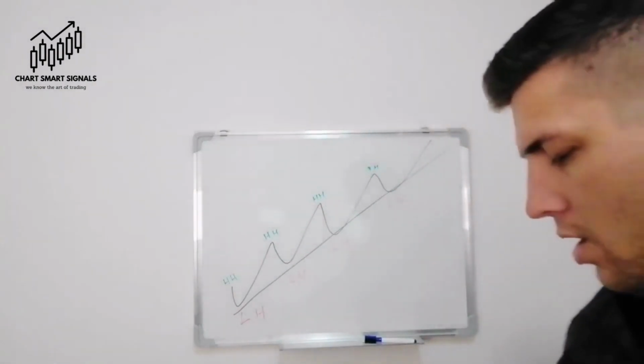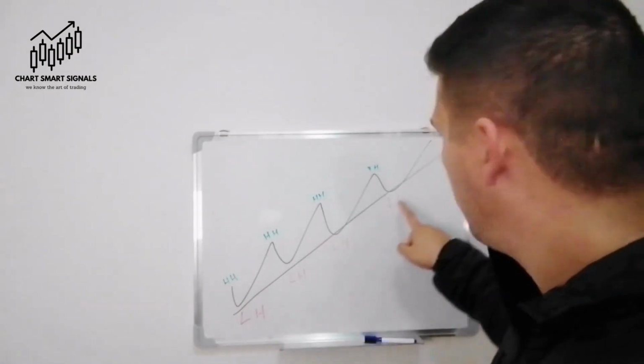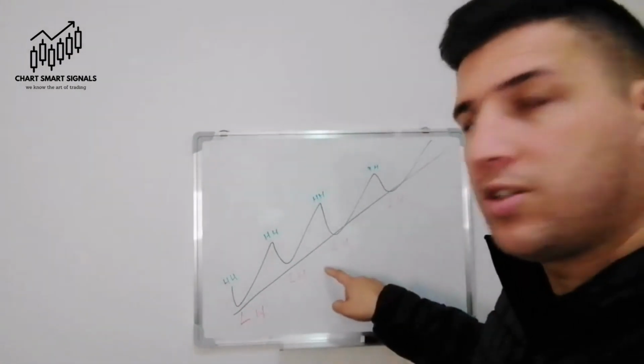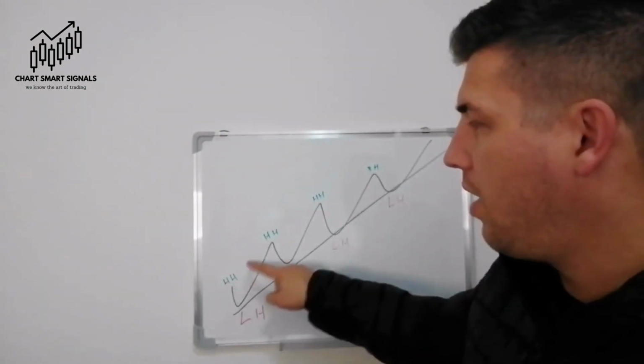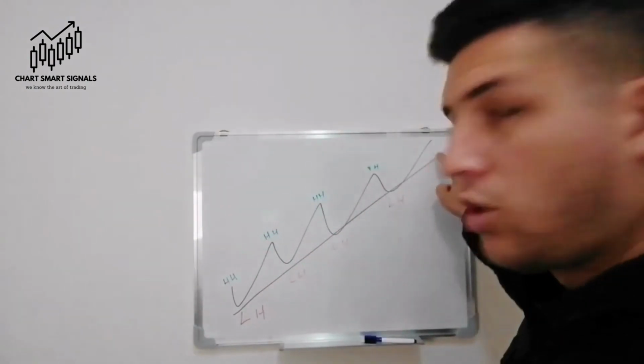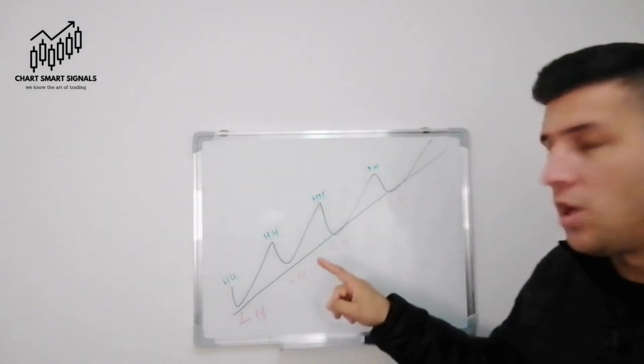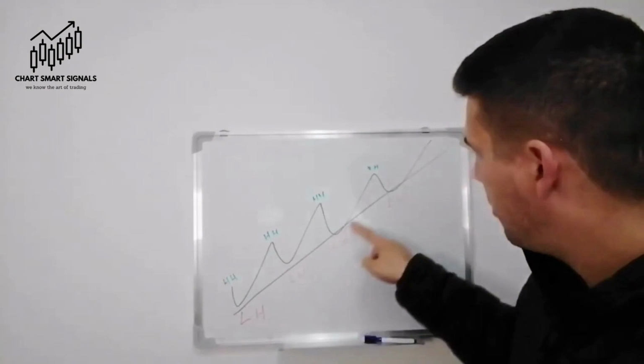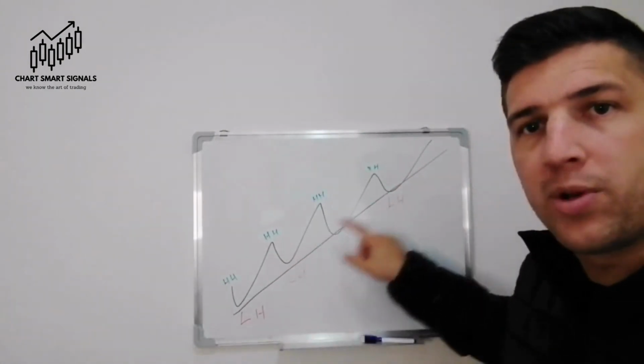All right. So we've got an upward trend. We've got lower highs. We've got higher highs, and we've got our support line. All right. So this trend line is our support line for our upward trend.